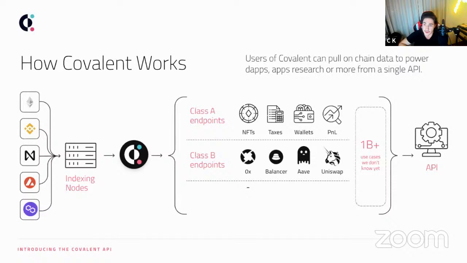And Class B endpoints are blockchain specific. So an endpoint related to PancakeSwap will only be applicable to Binance Smart Chain, or an endpoint related to Aave will only be applicable to Ethereum, for instance. You can use both of these endpoints to come up with more than 1 billion use cases, and this is all powered by one single API.